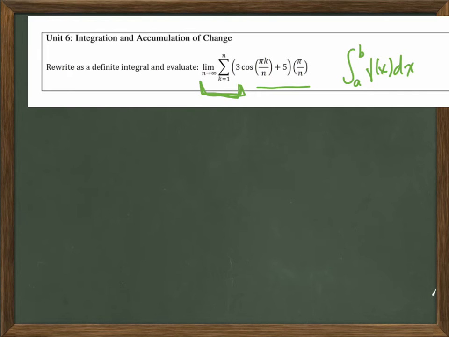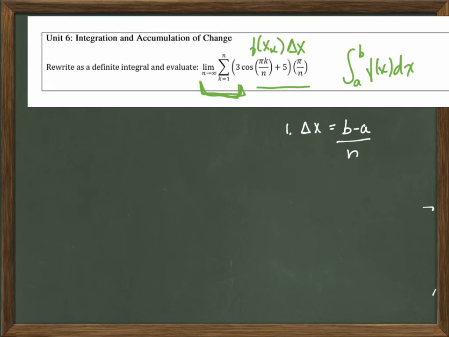Well, here's how you do it. The first thing you do is you realize that the formula was, this is the f of xk, and this is the delta x. Oops, I said delta k. This is the delta x. So remember, the first thing we knew was delta x is equal to b minus a over n.